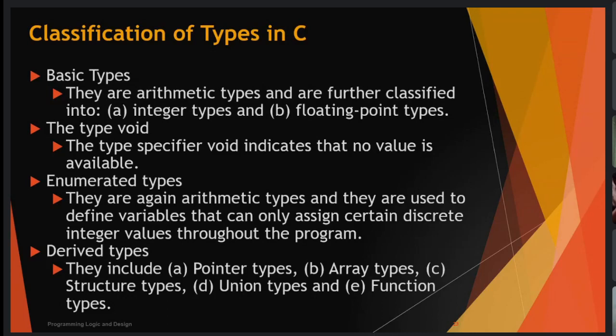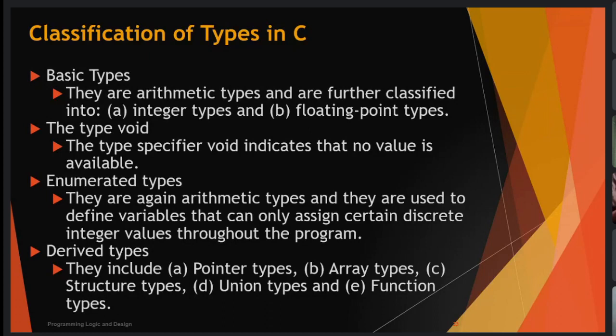As we have discussed earlier, when you talk about integers, these are whole numbers. And floating point types are associated with real numbers. These are numbers that support a fraction or decimal part.